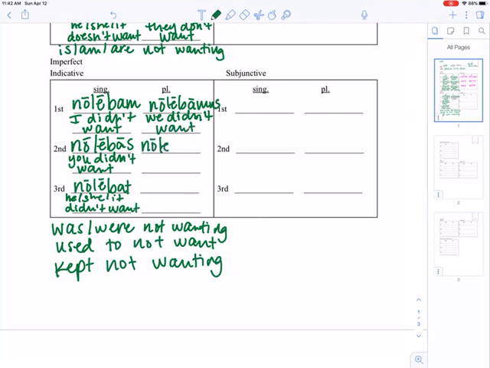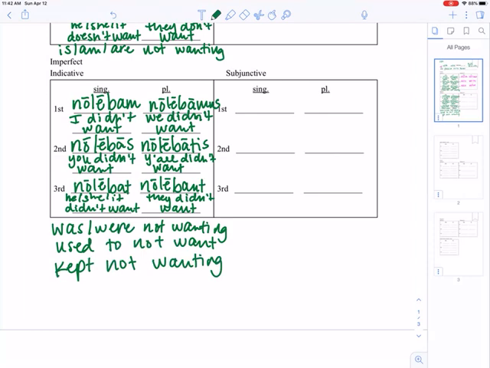Second plural, nōlēbātis, and this is y'all didn't want. And then third plural, nōlēbant. Okay, and this would be they didn't want.